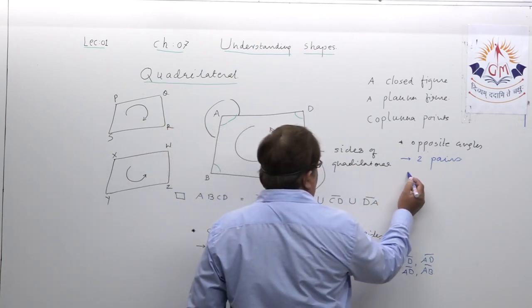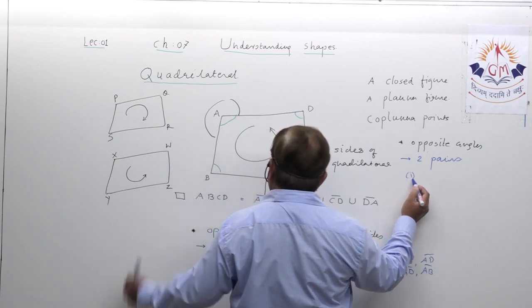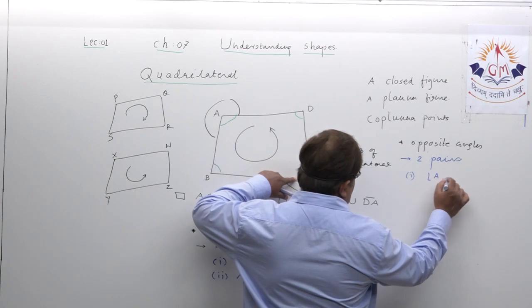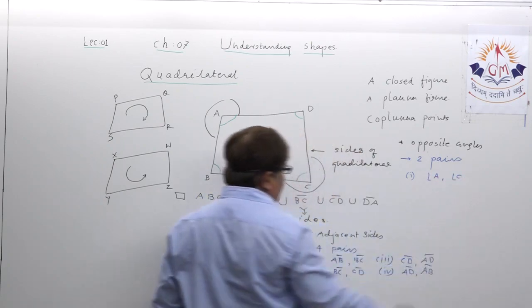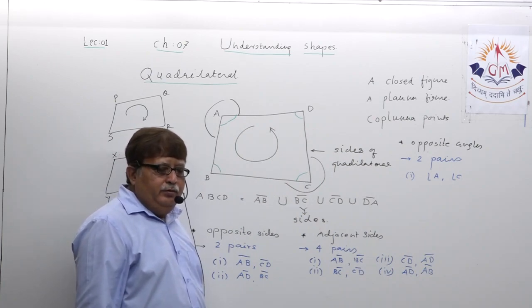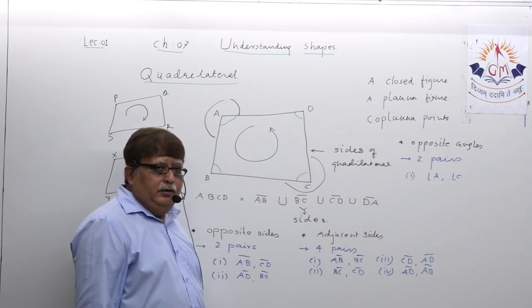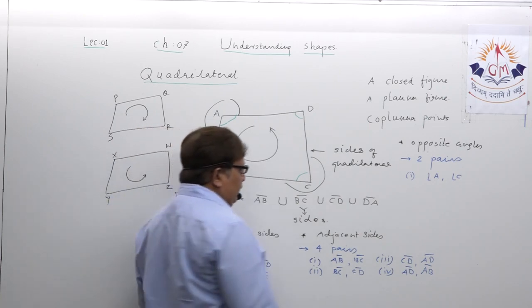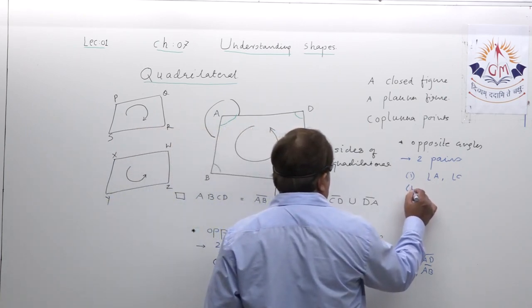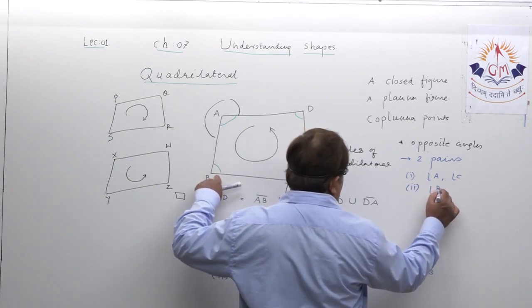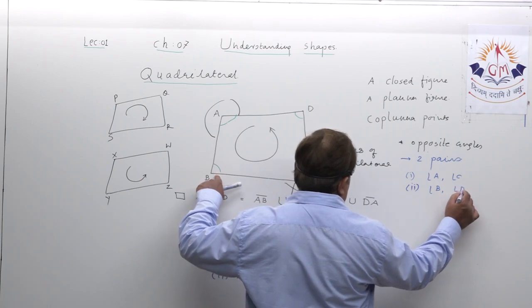The first pair, angle A and angle C. I am not writing the full name of the angle, that I explained to you initially, how to name a full angle. Understand? The second pair, let us take angle B and angle D.